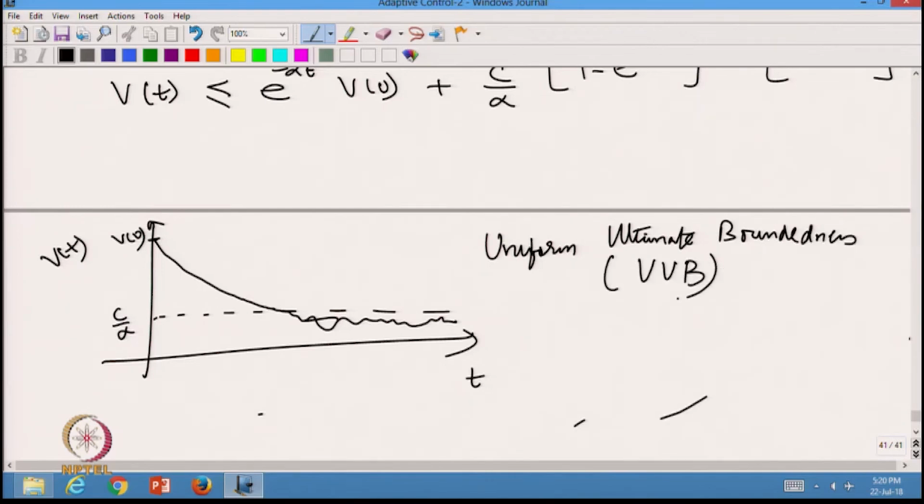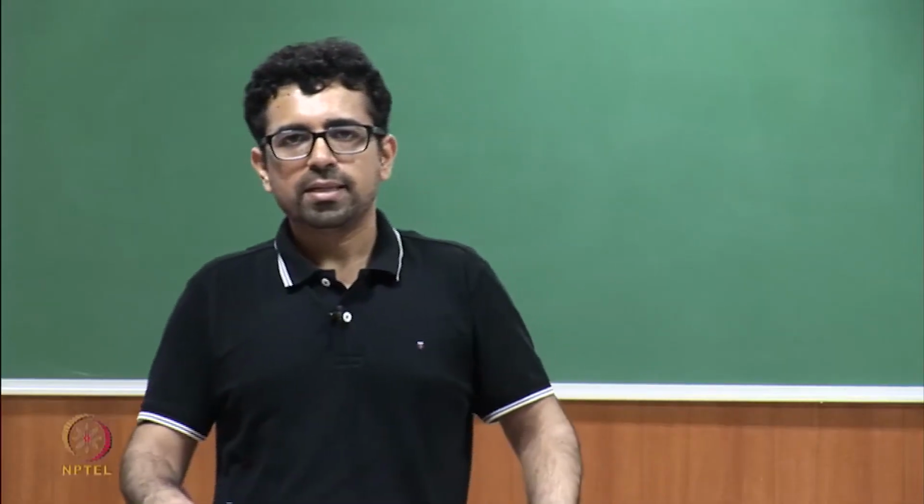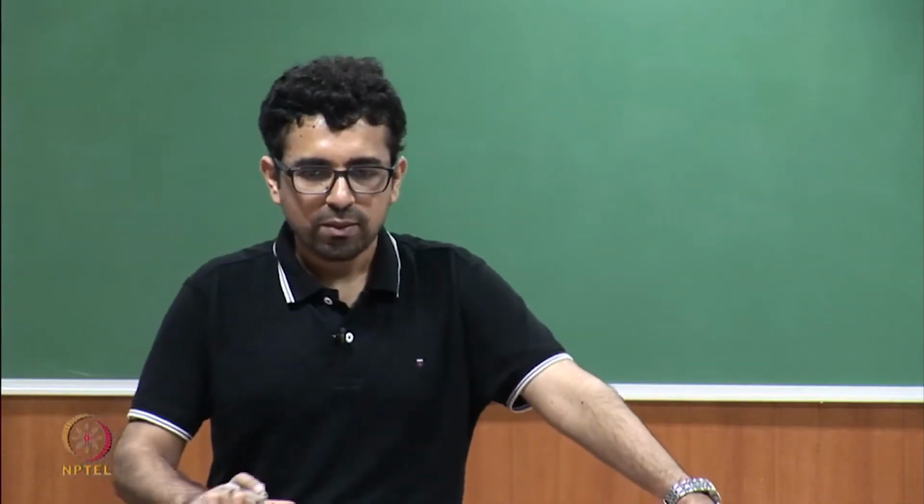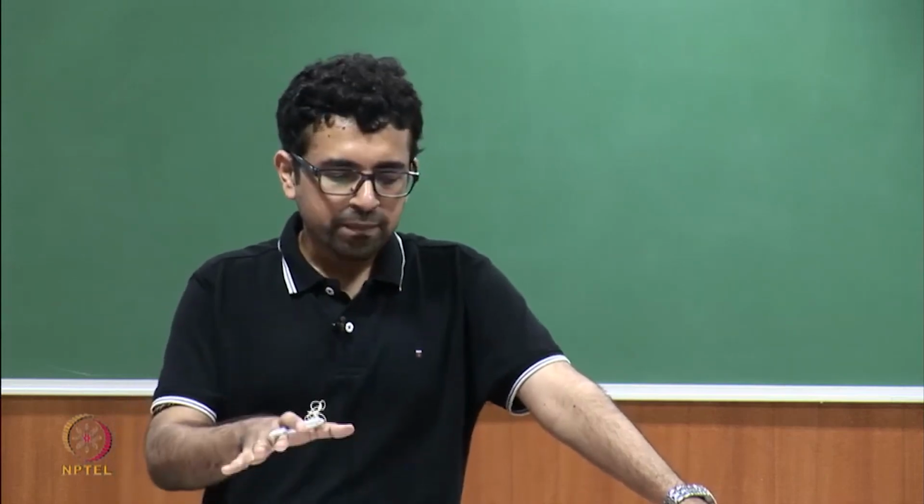It is not a Lyapunov stability result. We do not use any of the Lyapunov theorems here, but what we have been able to show is that all the error states remain bounded. In fact, we say more than that.